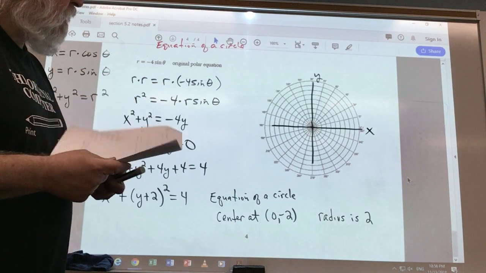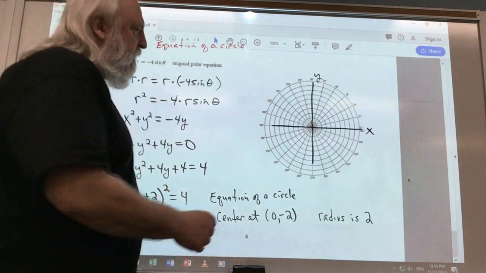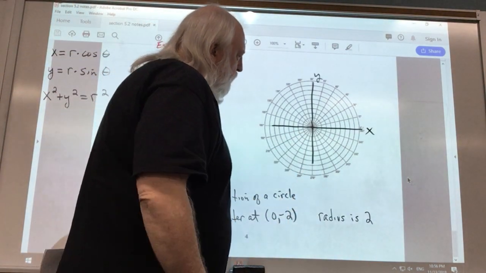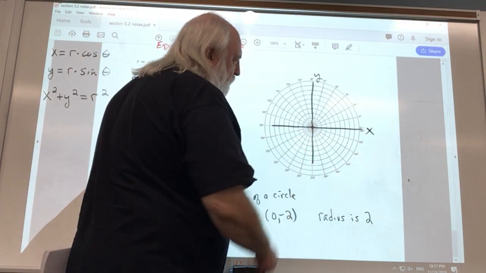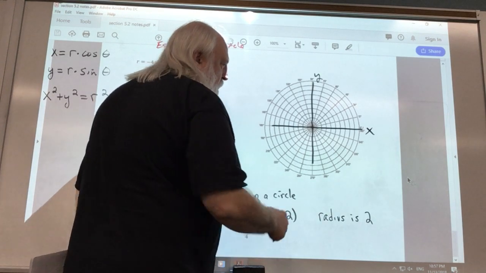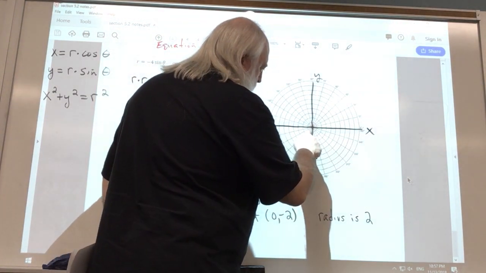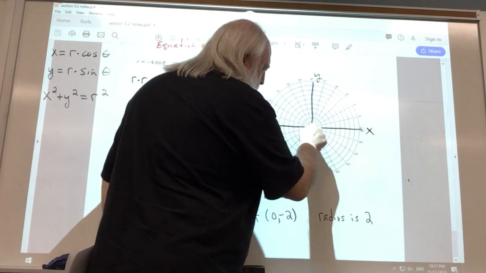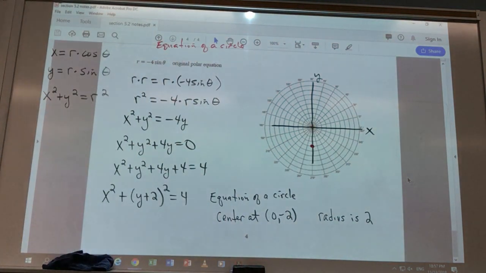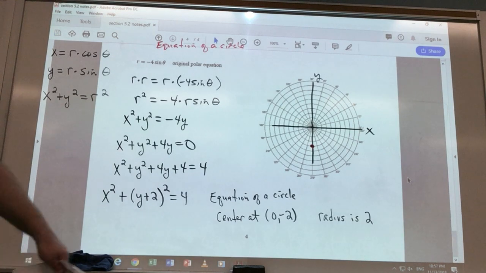If the distance between concentric circles is 1/2 unit, then I've got to go down, so here's 1 unit, here's 2 units. Go down 4 circles from the pole, and that's the center, 0, minus 2.